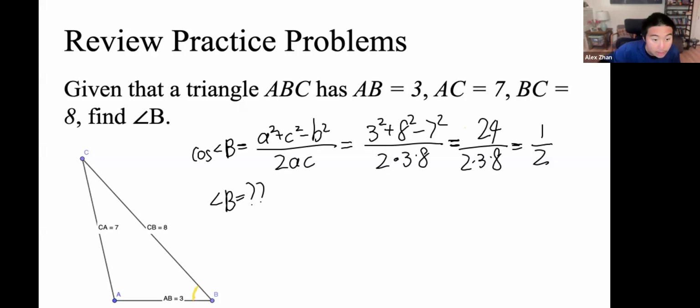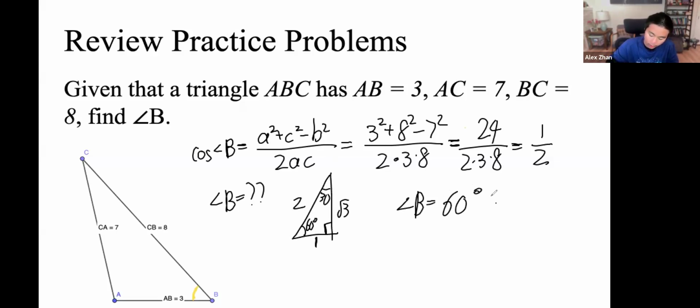Yes, 60 degrees is the right answer, because this right triangle has side length ratios 1, root 3, 2. So angle B is equal to 60 degrees. You could also write it as pi over 3 in radians.